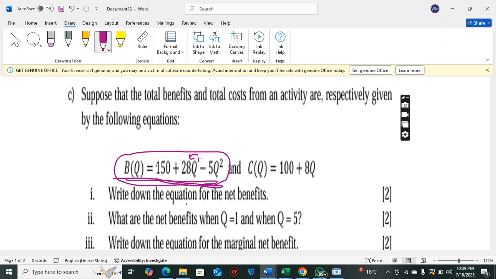The Q for 20, the Q disappears for 28. And then where's the plus coming from? It's a minus sign here.